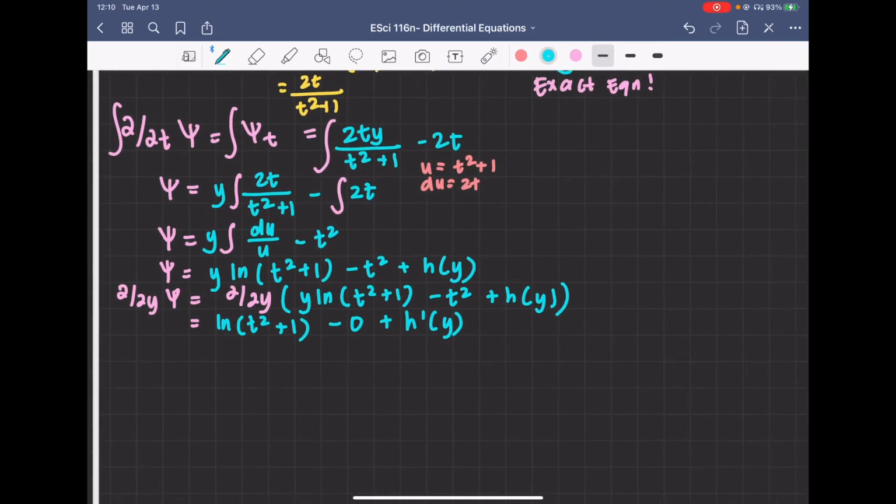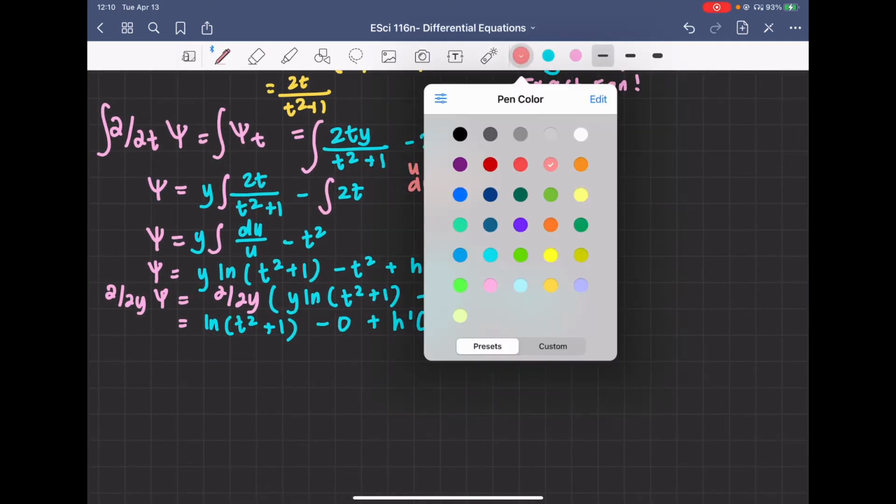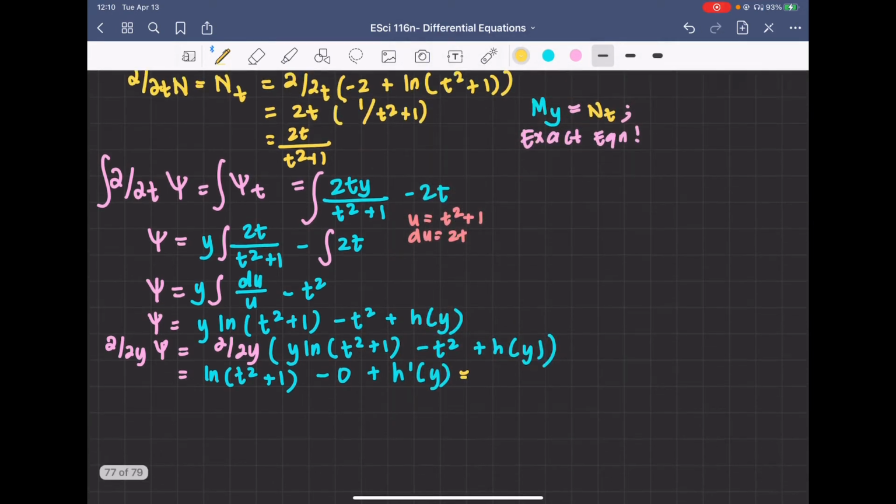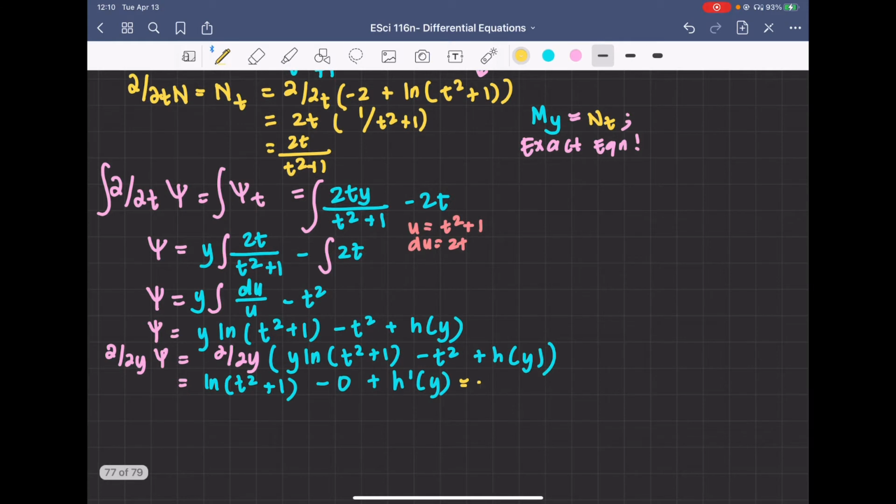And we can equate this again to our n. And our value for n is negative 2 plus ln(t squared plus 1).